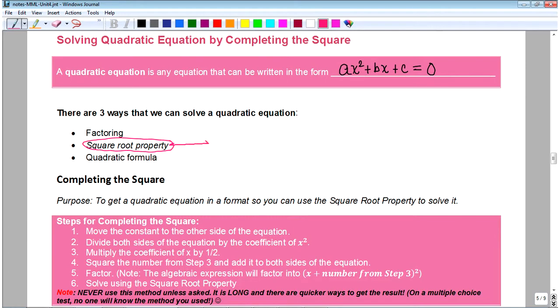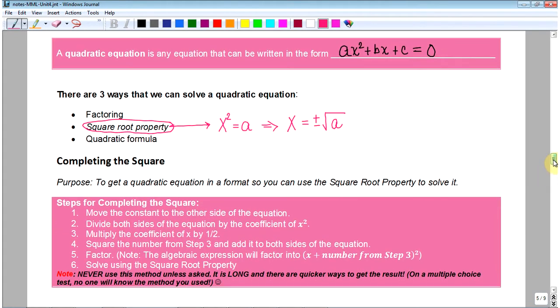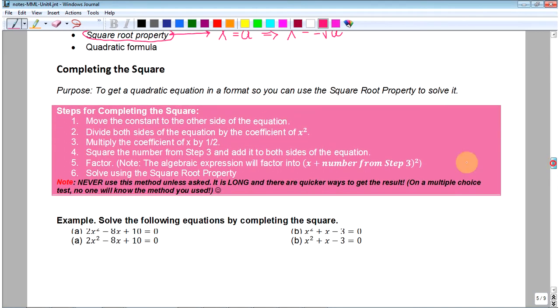Recall that the square root property says that if you have something squared equal to a value, then the something is equal to plus or minus the square root of whatever's on the other side of the equation. Notice with our examples, we can't use the square root property because we don't have a single quantity squared on one side of the equation. That's when this completing the square method comes into play.